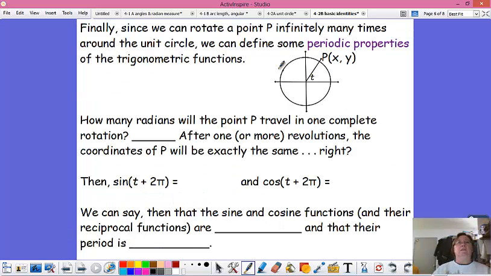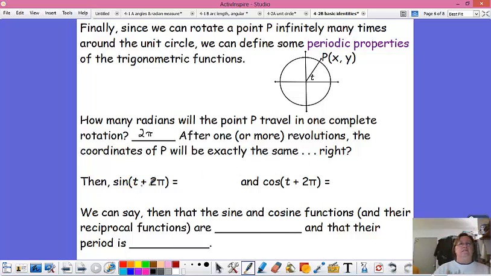Lastly, what we want to think about, since we know that that point P can rotate many, many times around the circle, you can define periodic properties of the trig functions. How many radians does point P travel through in one complete rotation? Well, you know, it's 2 pi. After one or more revolutions, the coordinates of P are exactly the same.